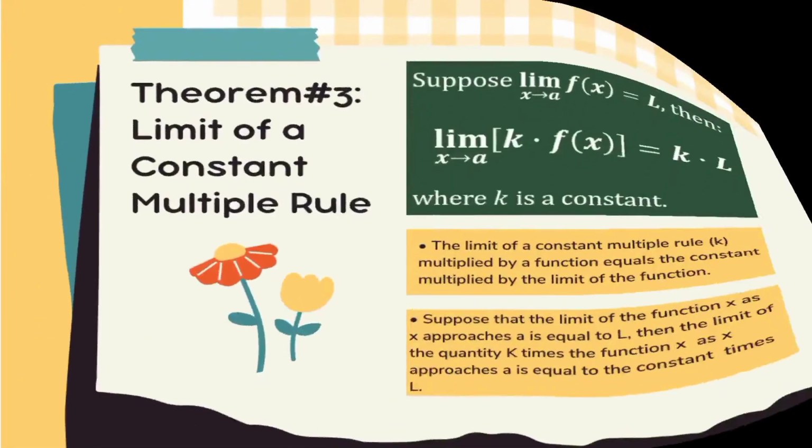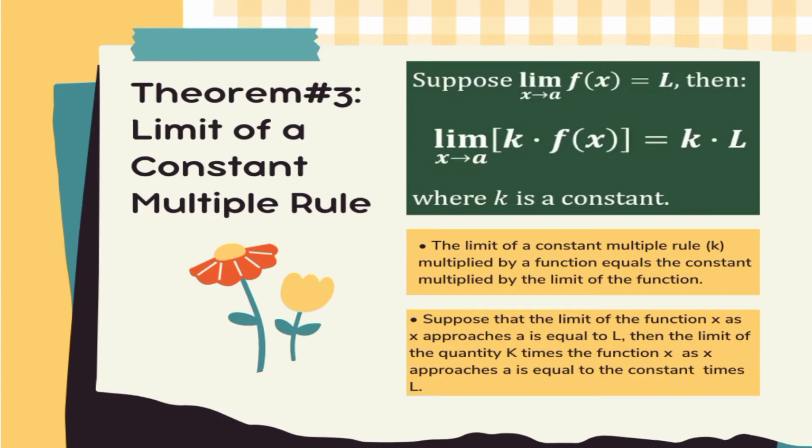Next, we are going to proceed to the theorem number 3, the limit of a constant multiple rule. The limit of a constant multiple rule: k multiplied by a function equals the constant multiplied by the limit of the function.